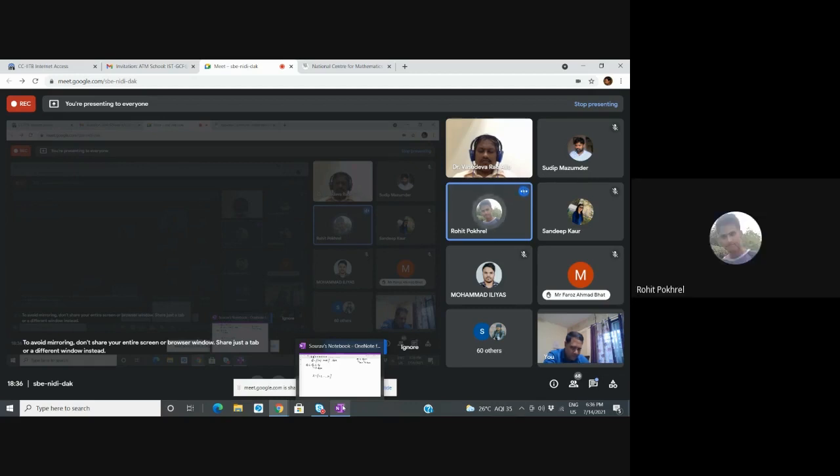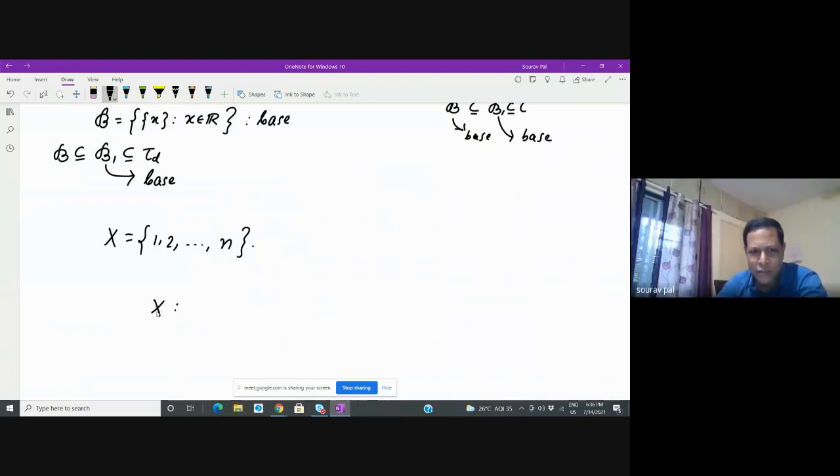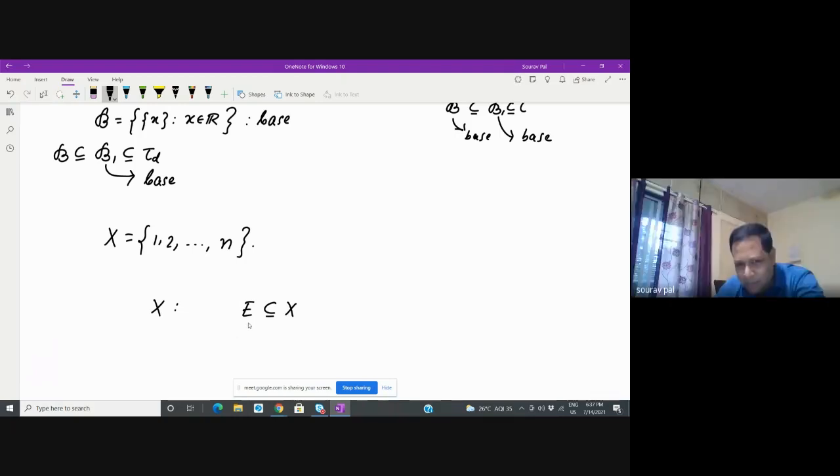X is a topological space, and you choose a set E, a subset of X. And if we take every collection of open sets contained in E. So you choose G a subset of E, and this is your collection of open sets. You are saying the collection of all open sets that are contained in E, right?